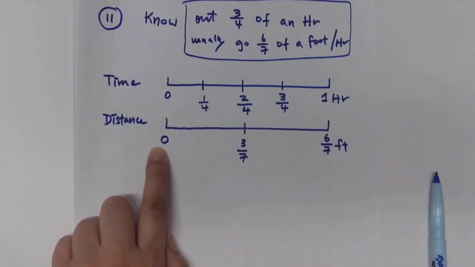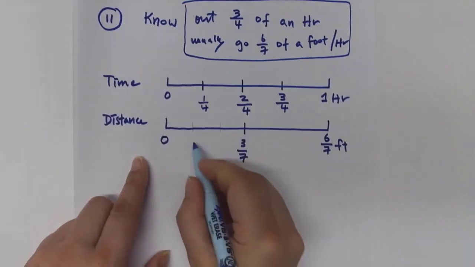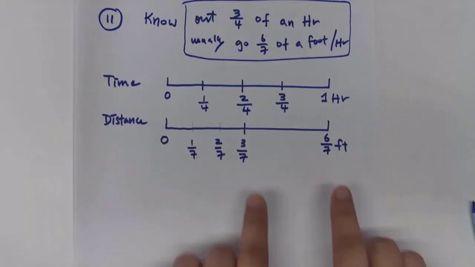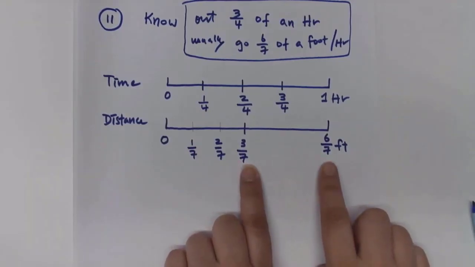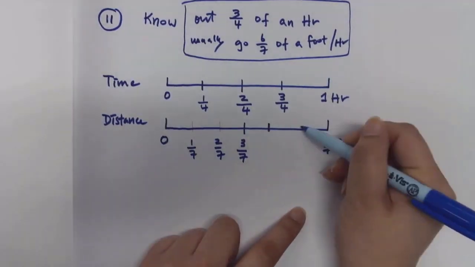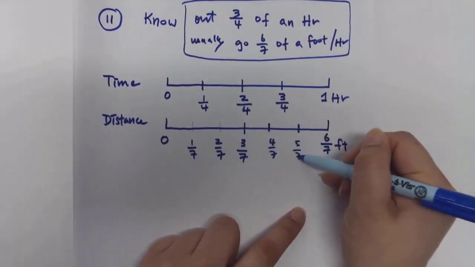That would make sense, right? That would be 1/7, 2/7. And between 3/7 to 6/7, I should cut it into 3 equal parts also, right? They don't line up exactly, unfortunately. So that's 4/7 and 5/7 of a foot.